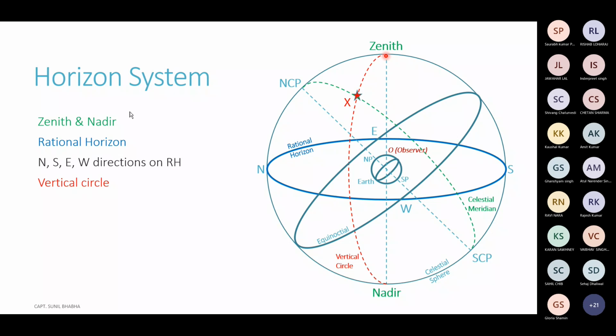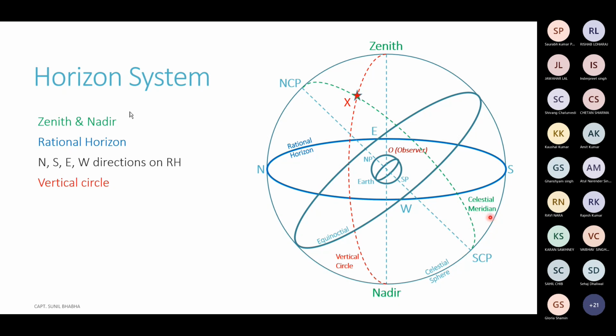Once you see it in the diagram, it will be very easy to understand what a vertical circle is. A vertical circle is a semi-great circle on the celestial sphere passing through the zenith and the nadir of the observer. This is very similar to the celestial meridians you see.